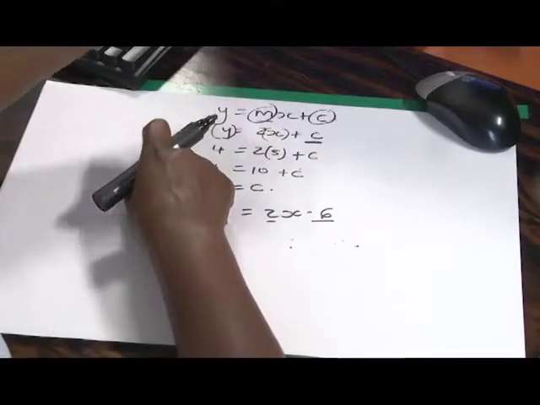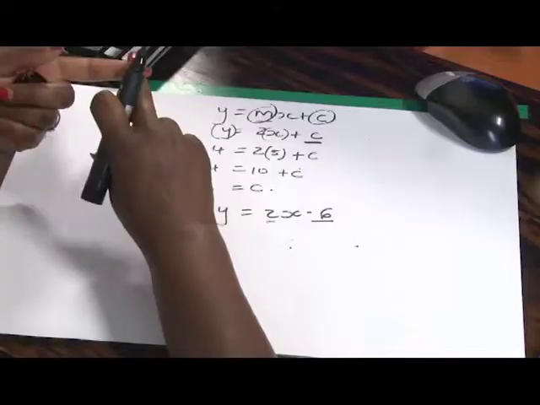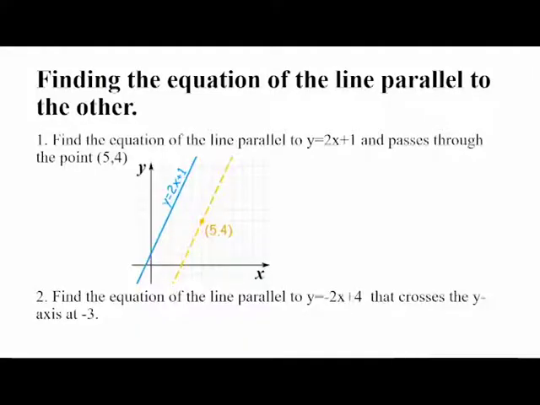Now number 2 said find the equation of the line parallel to negative 2x plus 4 that crosses the y-axis at negative 3. That is even simpler. If it crosses the y-axis at negative 3, that means our y-intercept is what?